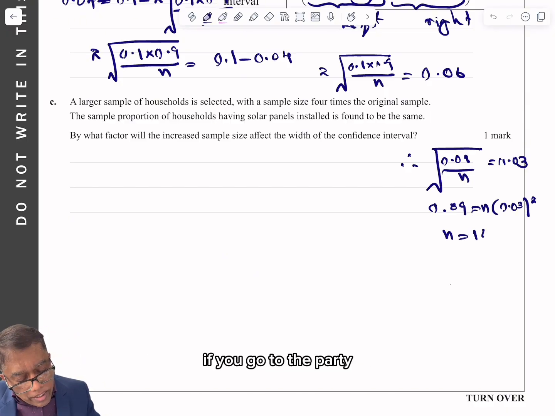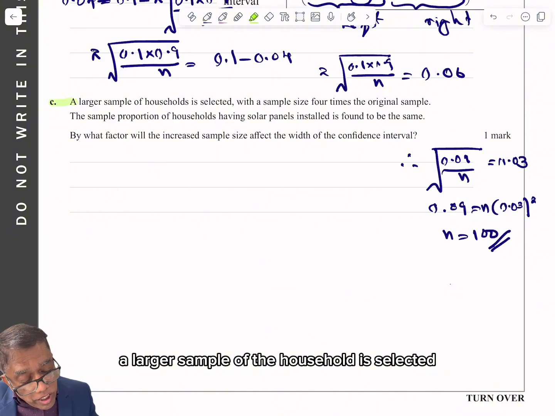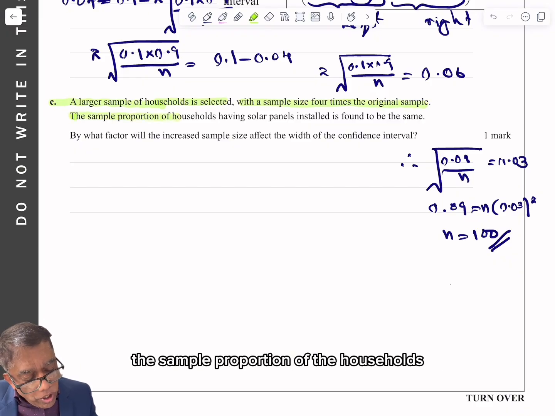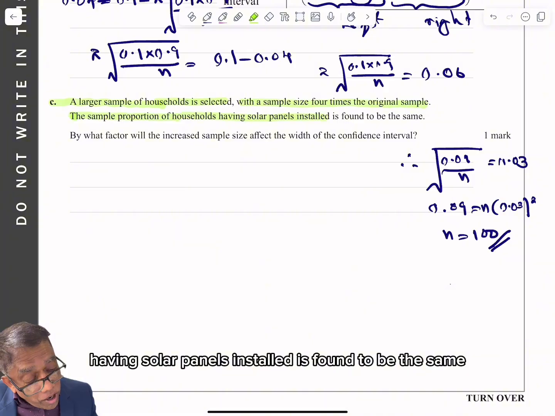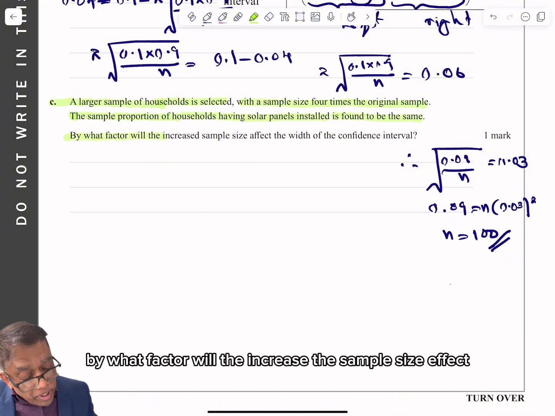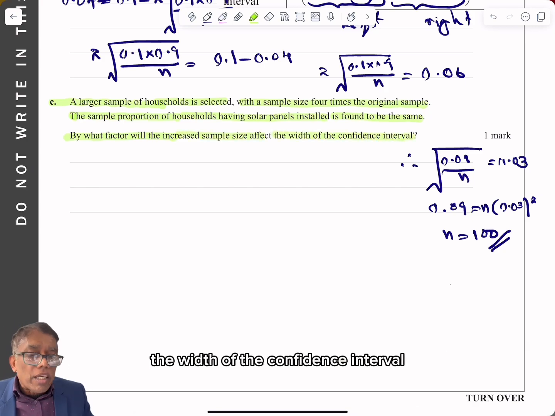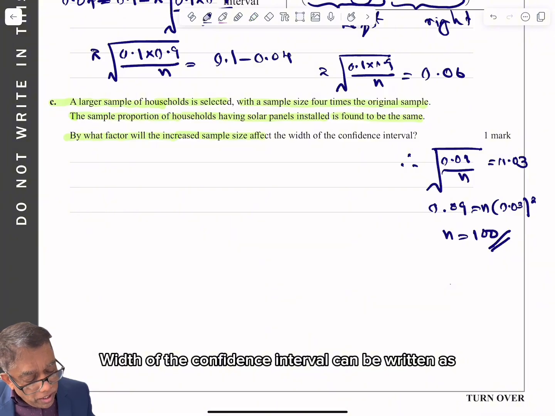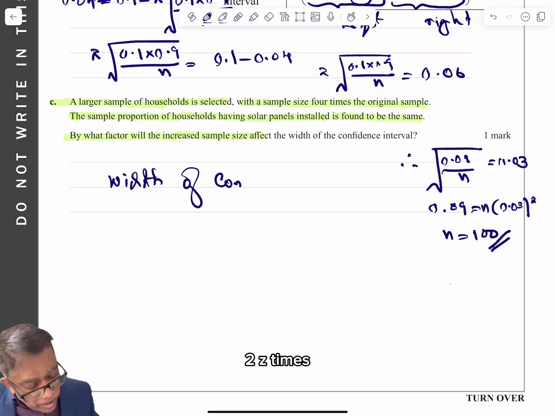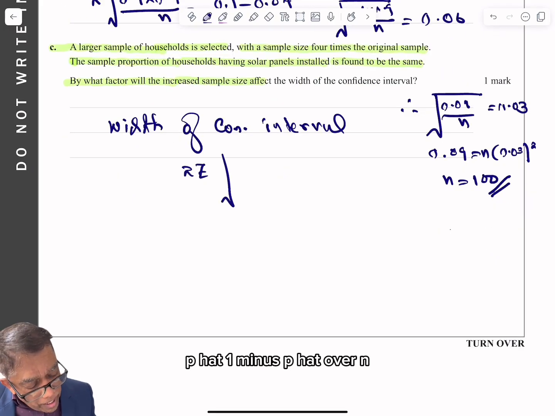If we go to part C, a larger sample of households is selected with a sample size 4 times the original sample. The sample proportion of households having solar panels installed is found to be the same. By what factor will the increased sample size affect the width of the confidence interval? The width of the confidence interval can be written as 2z times the square root of p hat 1 minus p hat over n.